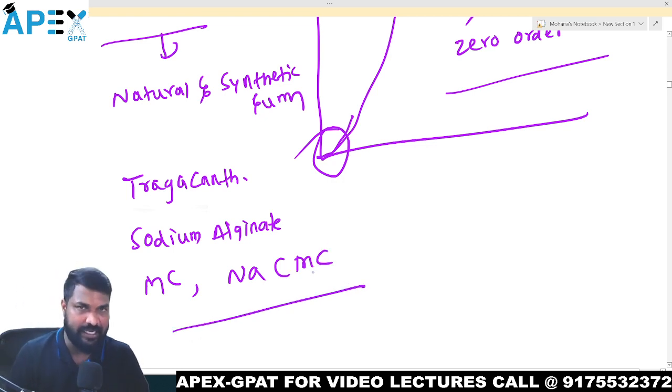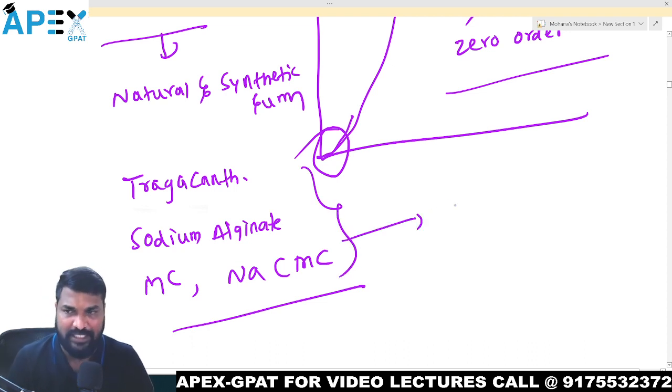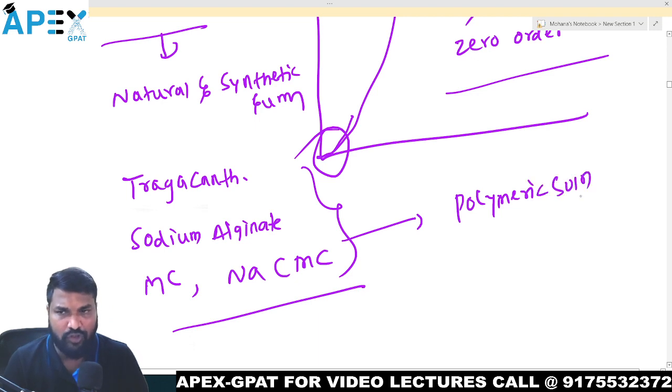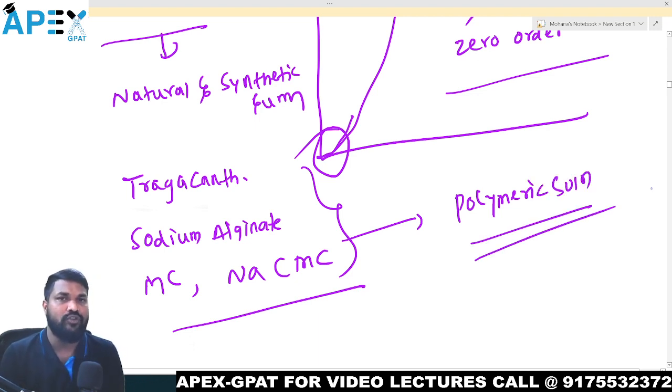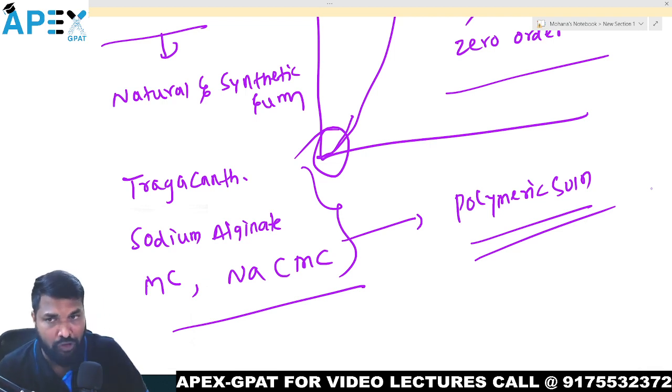These are the synthetic gums. So these are the examples for pseudoplastic flow. These polymeric solutions will show pseudoplastic flow.